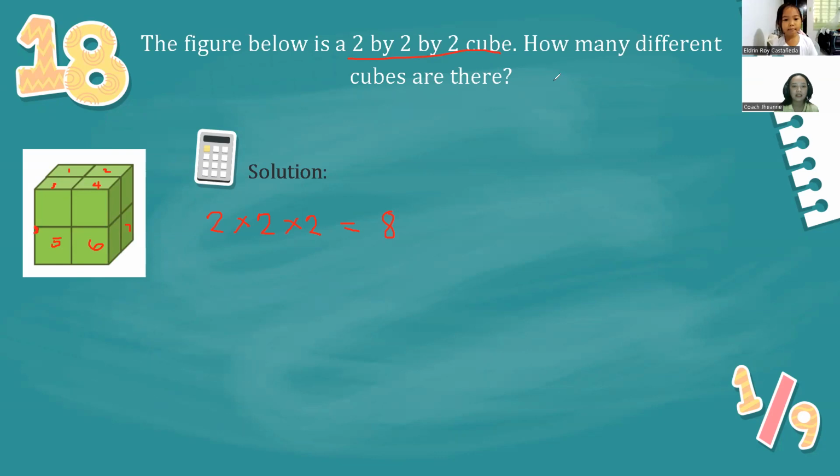So this one here is already a cube, so we have to add 1, the bigger cube. Not only the small cubes. This one is just the small cubes. Now, if we add 1, that would equal 9. Is this clear?